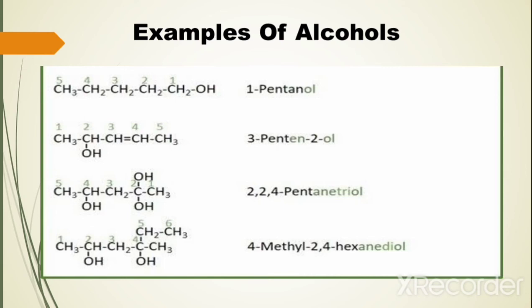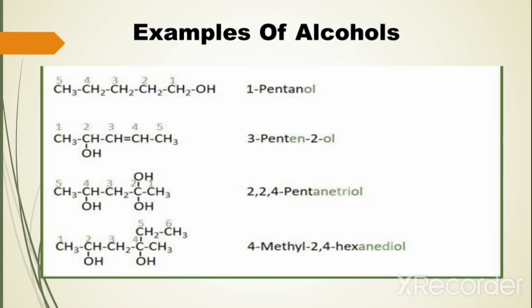So on the second carbon position there are two hydroxyl groups, so we will write 2, and on the fourth carbon there is a hydroxyl group, so we will also add 4. Then the carbon chain is pentane, and we have 3 hydroxyl groups, so we will not write di, we will write tri and ol for the hydroxyl group.